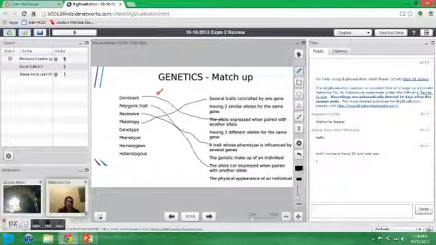So, the way I remember the difference between polygenic and pleiotropy, because they're pretty similar, is polygenic, if you break it apart, it means many genes.